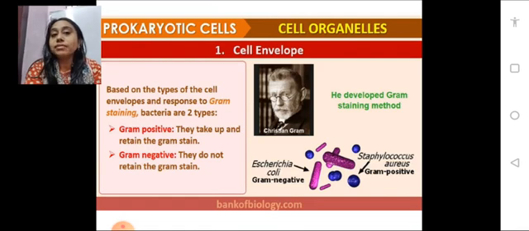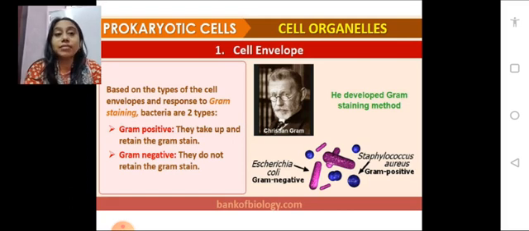Then we studied about the different types of cell envelopes. Some cell envelopes are very tough and some are slimy. So based on the type of cell envelopes and their response to Gram's staining process, the bacteria are divided into two types: gram-positive bacteria that take the Gram stain, and the gram-negative bacteria that do not take the Gram stain.